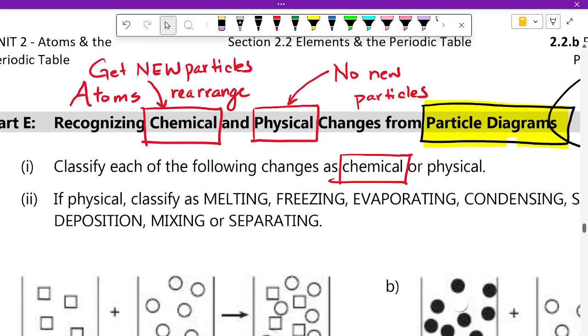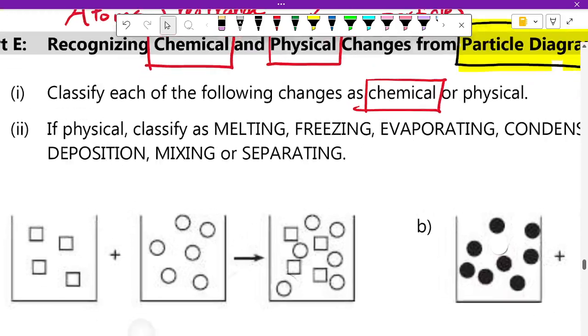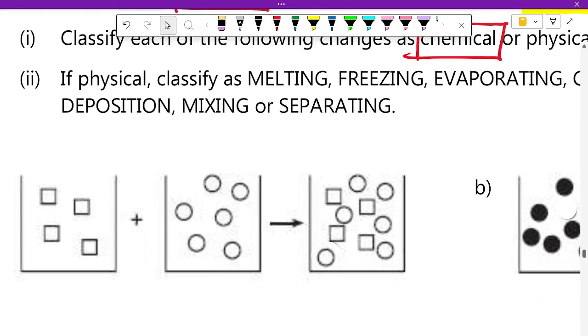Okay, this is the last thing for today. You're going to take a look at this and say, when I take these squares, which are particles, and these circles, which are particles, and they undergo this process, was this a chemical change or a physical change?